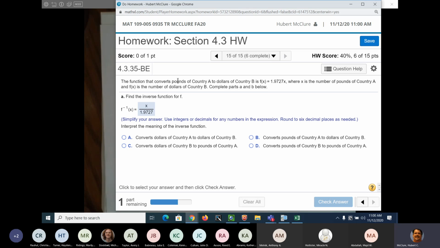If I convert pounds to dollars, this one is going to convert dollars to what? Country B to country A. Thank you, class.